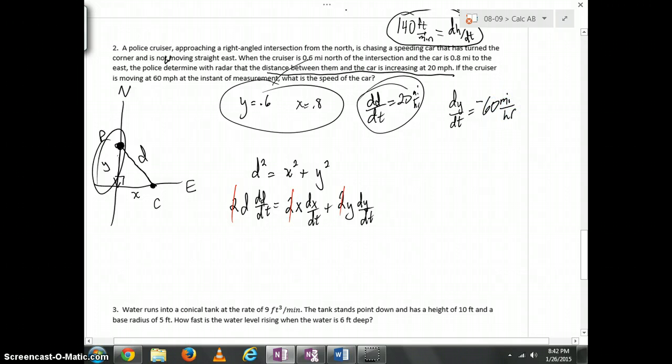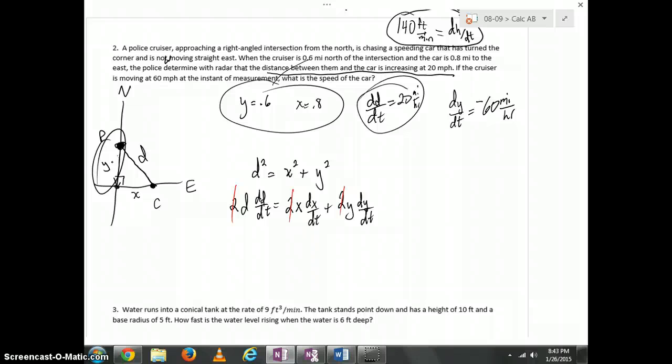This is so important for us to talk about. That length of y, as this police officer is driving towards the intersection, will decrease. It's going to shrink. And if you ever have a length that is getting smaller over time, it must have a negative rate of change with respect to time.